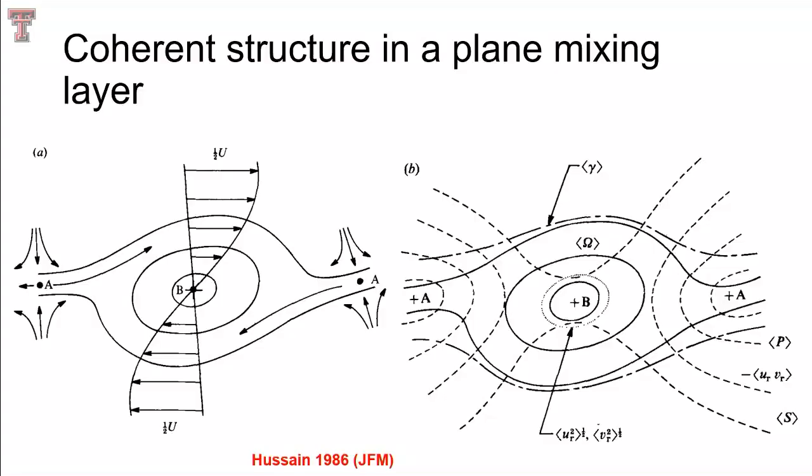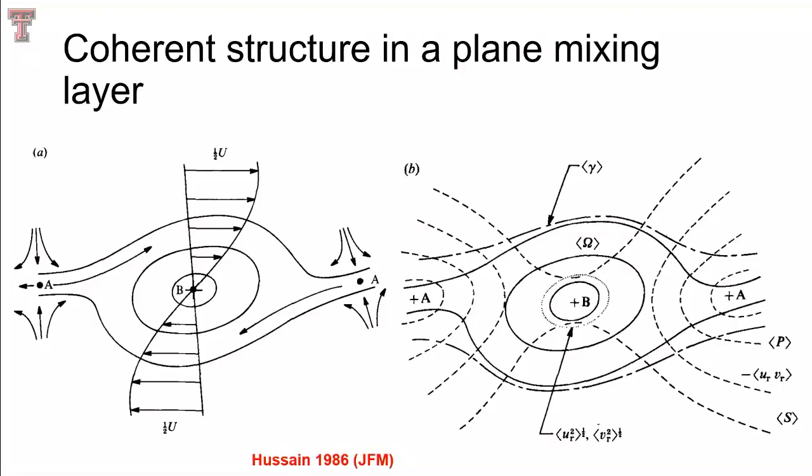For example, while we have the rotation and we are able to find the center of this structure, when we look at the coherent production and strain rate, it's not actually in the rotating part. The peak of turbulence production, or coherent turbulence production, happens to occur at these braids, which is where there is not much rotation, right?